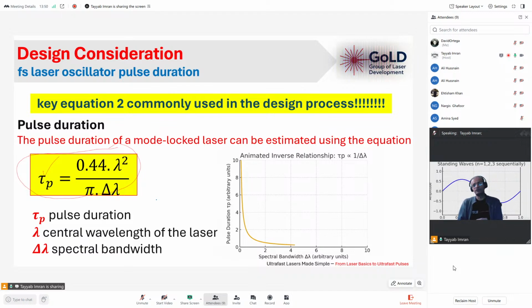But here we are specifically discussing femtosecond laser oscillators. What other things are in this equation? You see lambda and delta lambda. This lambda is obviously the center wavelength.